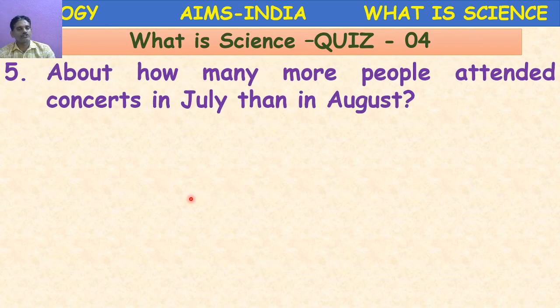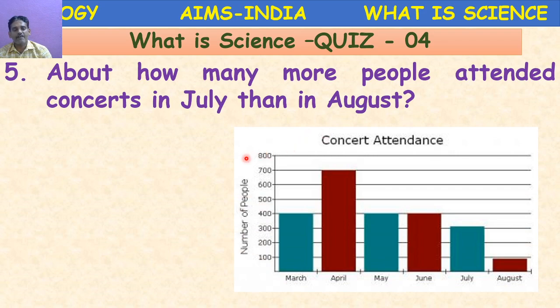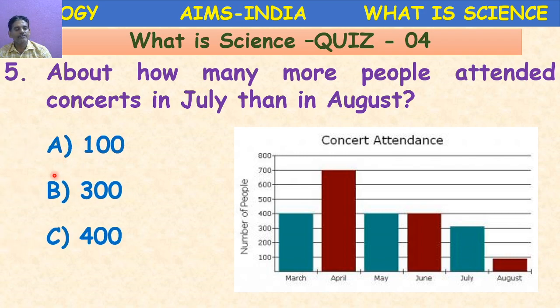Children, question number 5. About how many more people attended concerts in July than in August? Here one graph is given. You go through this graph and give the answer. A 100, B 300, C 400, D 200.